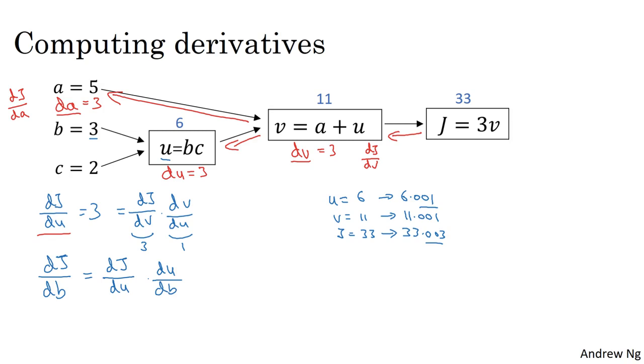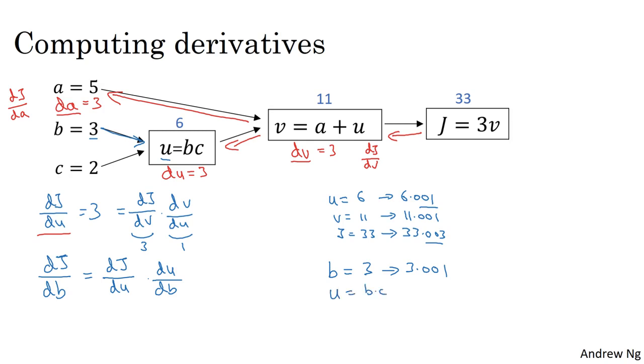And the reasoning is, if you change b a little bit, so b goes from 3 to say 3.001, the way it'll affect j is it will first affect u. So how much does it affect u? Well, u is defined as b times c.